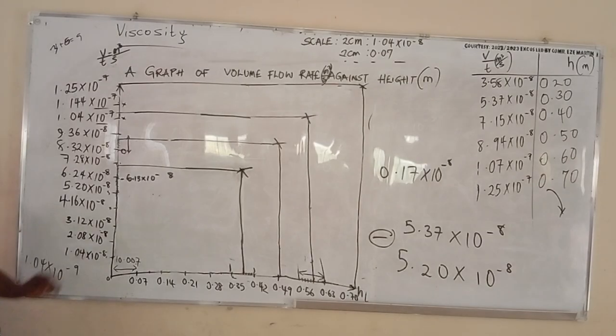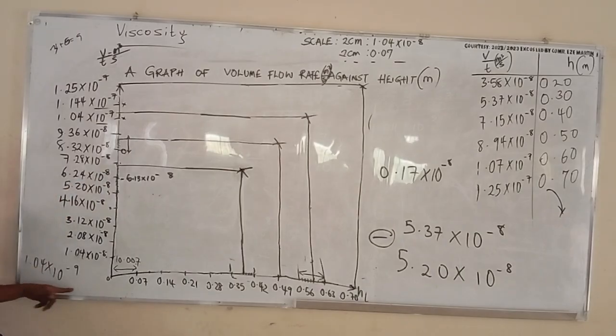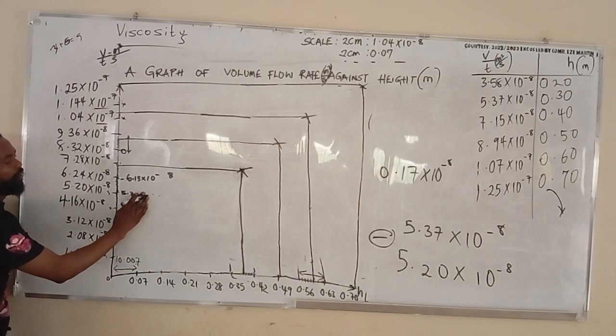So do for me 5.20 times 10 raised to minus 8 plus this thing. Do for me 5.20 times 10 raised to minus 8. Yes, plus 1.04 times 10 raised to minus 9. 5.304 times 10 to the minus 6.